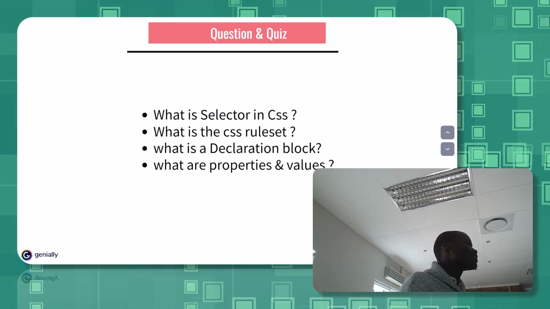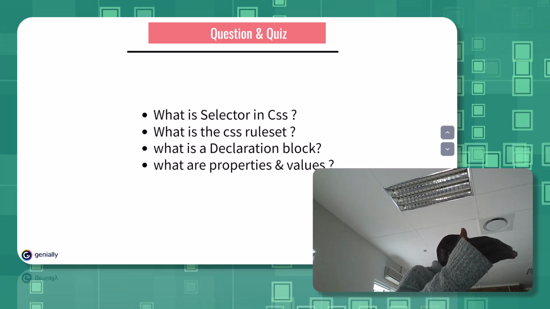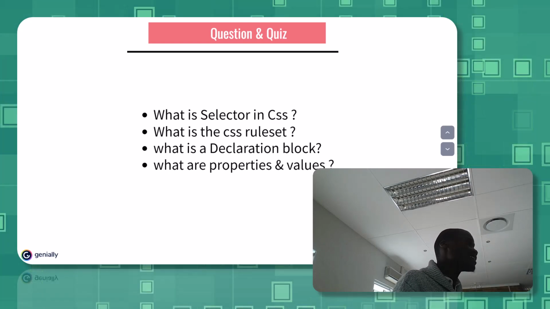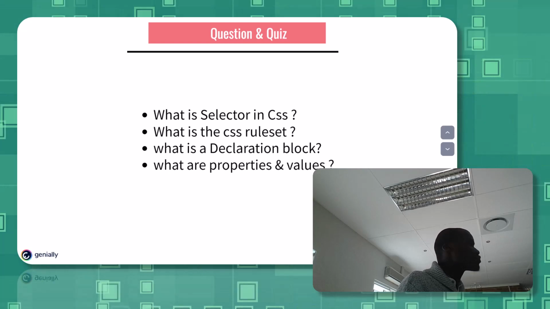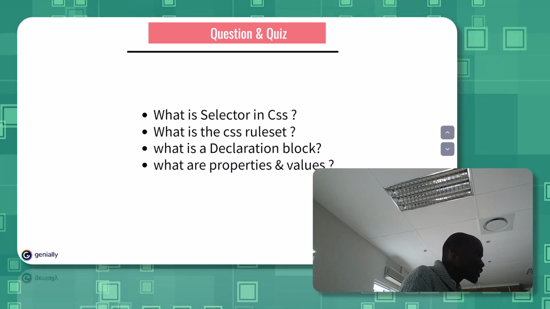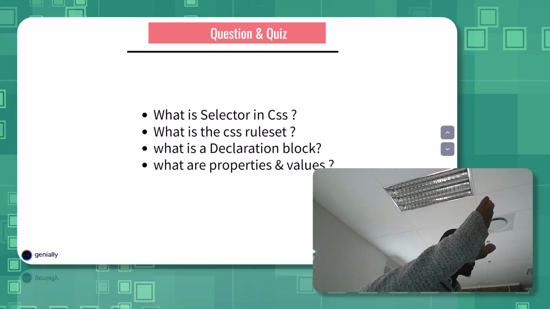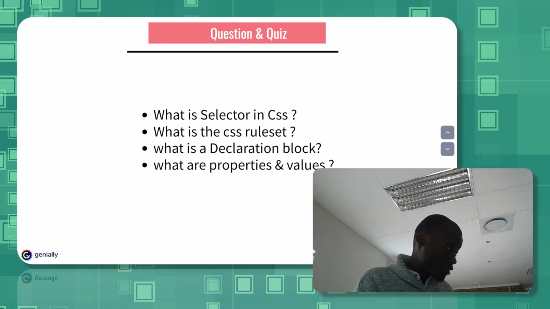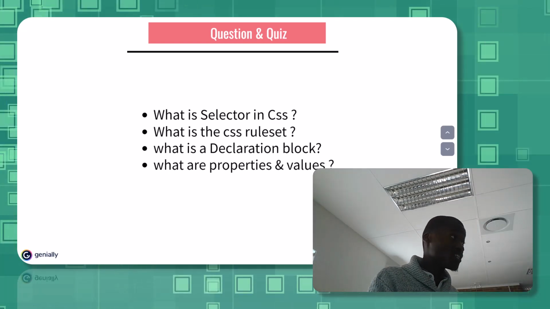We'll dive more in depth as we learn how to work with selectors, how to group selectors, and how to use pseudo selectors. We have not covered that up until this point, since we started CSS yesterday, right? We'll understand it by the end of the whole CSS session.